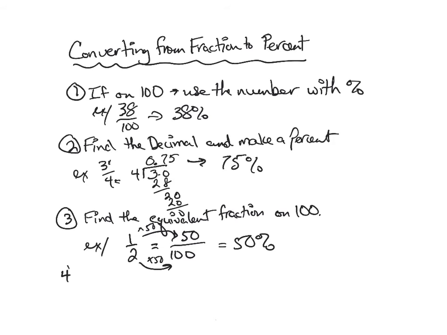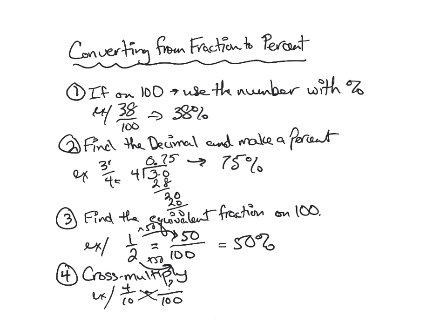The last one is to cross multiply. So if you have 4 on 10 and you want it to be over 100, then you pretend there's a question mark or a variable there and you cross multiply.